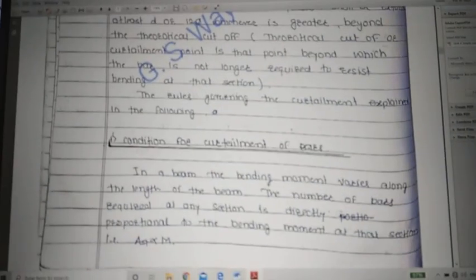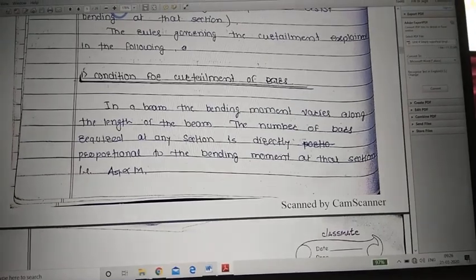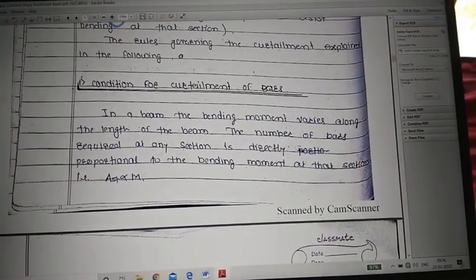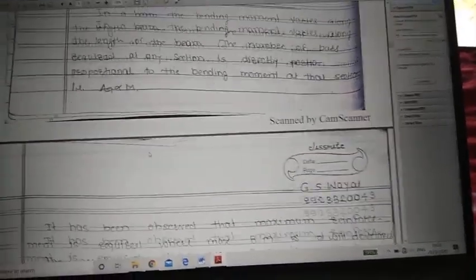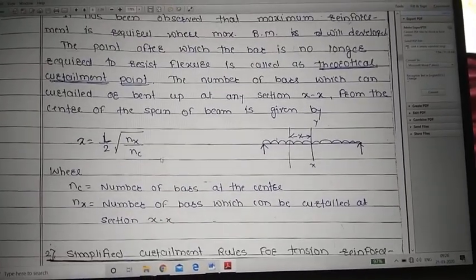So curtailment here we have calculated. Actually here I have considered one formula, that is Ast is directly proportional to bending moment. Means whatever reinforcement you are calculating directly depends on the bending moment.